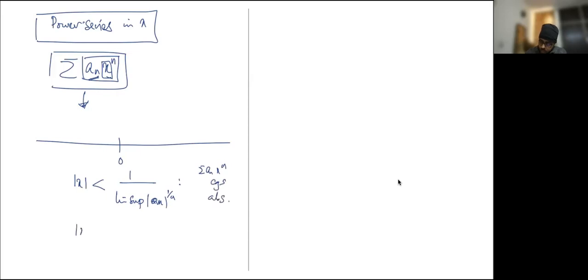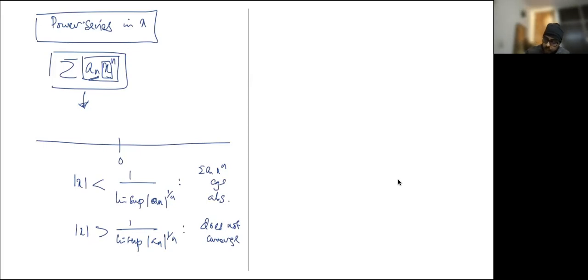If mod x is greater than this number, it does not converge. And at the boundary, that is when you have equality, it can go either way depending on the specific series you have.